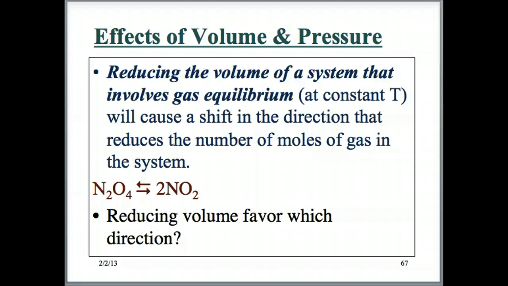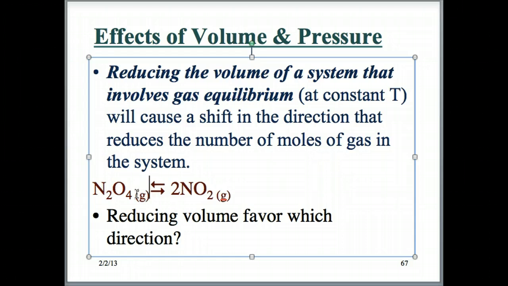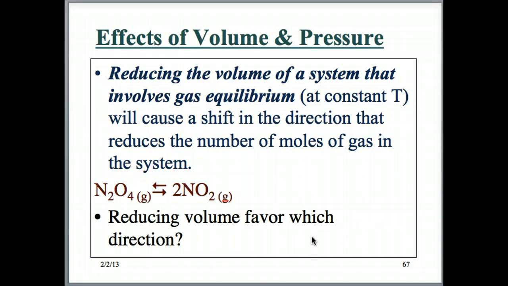The same thing goes with volume. If these are both gases, I have my gas making two gases. This is an equilibrium reaction. Let's say it's done in a piston, a system like this.